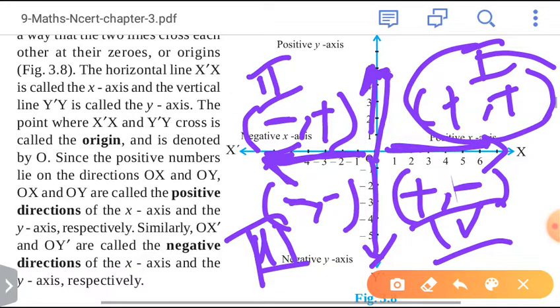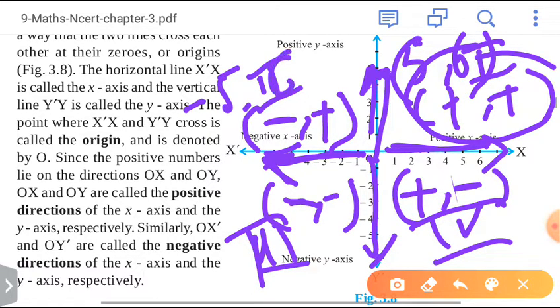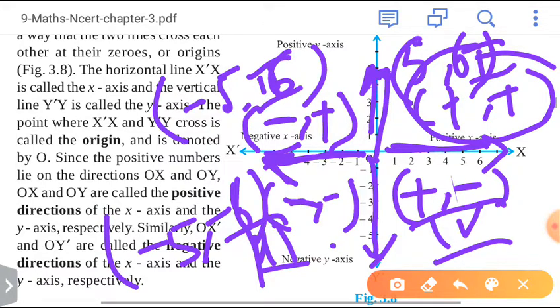For example, 5 comma 6 will lie here, and here minus 5 comma 6, and in this one minus 5 comma minus 6, and in the last one 5 comma minus 6. Coordinates of these types will lie on these quadrants.